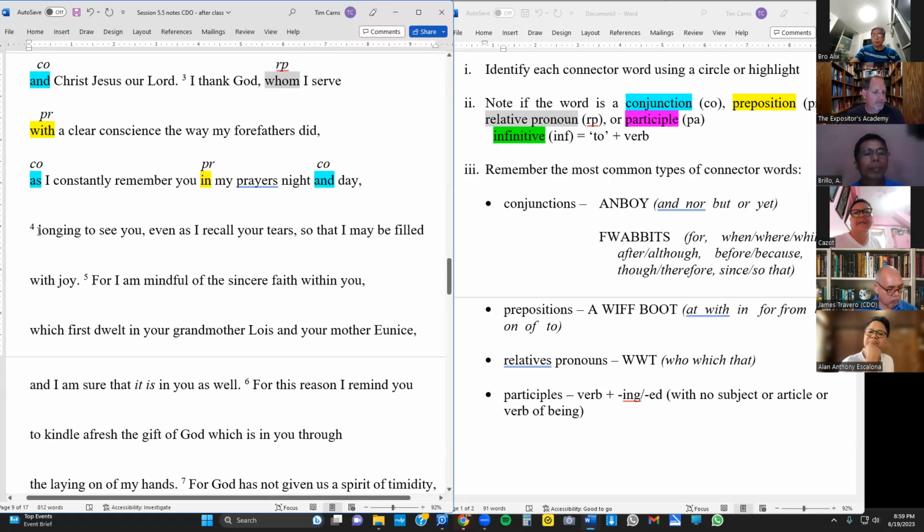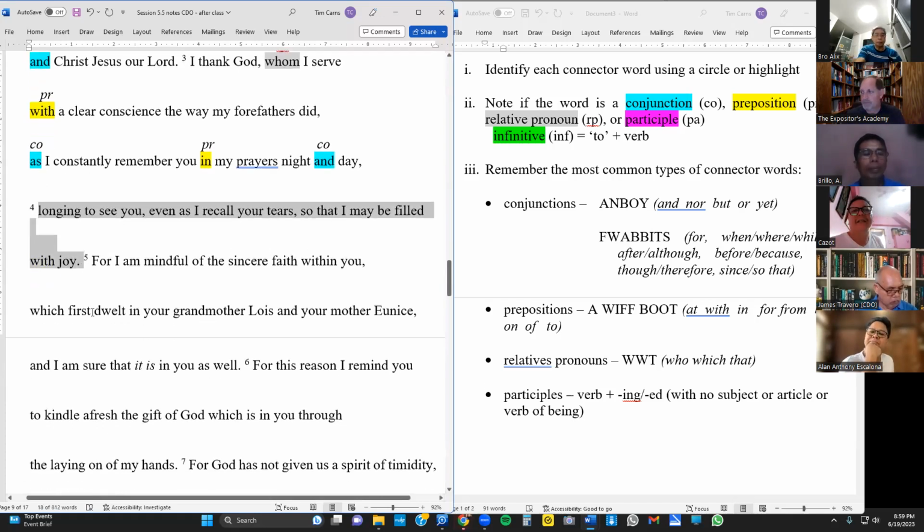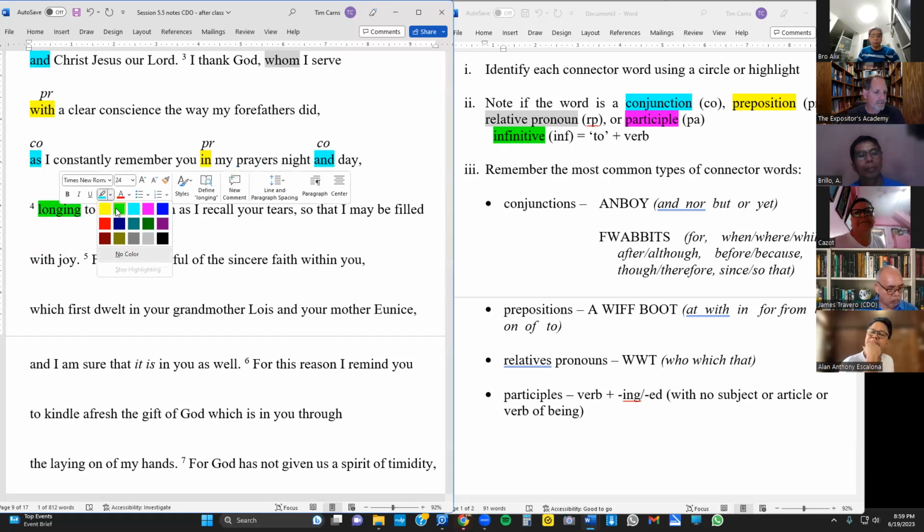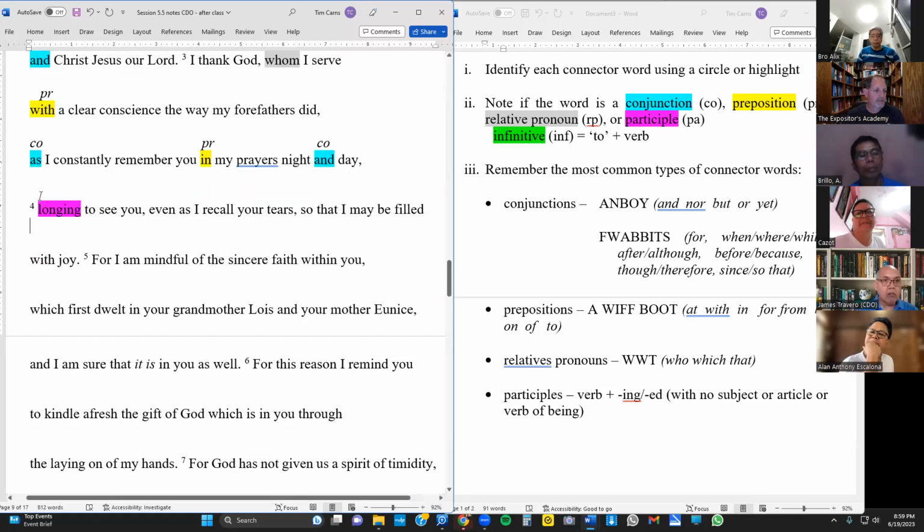Kazot, verse 4. What do you see? "Longing," Pastor Tim. Yeah, what kind of connector word is that? Participle. So let's just go through our test here. It looks like a participle, so we just want to ask: is there a verb of being in front of it?